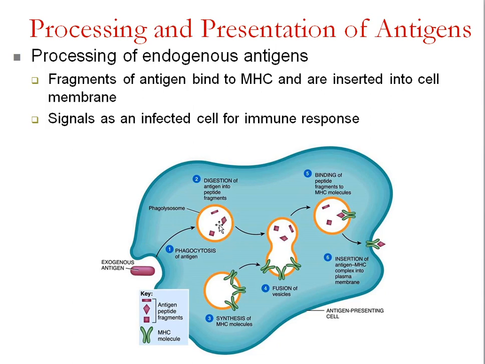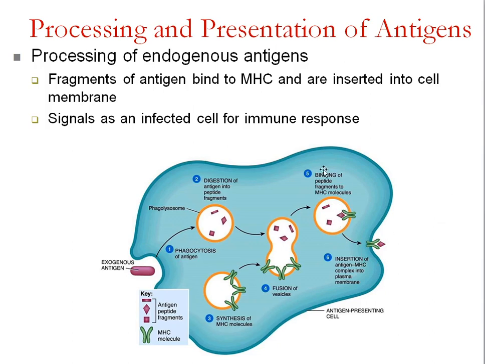Then it will take the broken up pieces of that endogenous antigen that it's got now inside of the body, and it will give a piece of that to an MHC molecule. Then the MHC molecule will move it to the edge of the cell membrane, and it will stick it out and then go show it to a piece of lymphatic tissue to trigger that immune response. So we can say, hey, there's something fishy going on here.